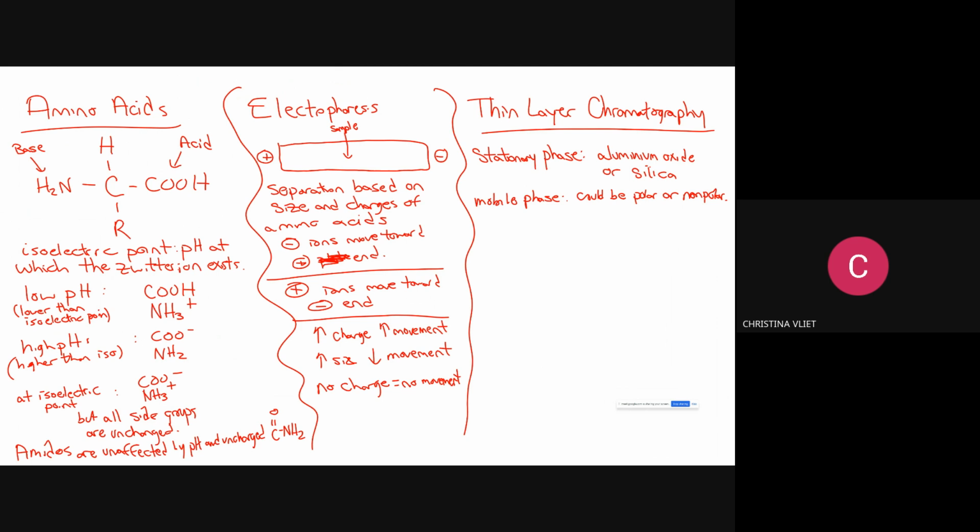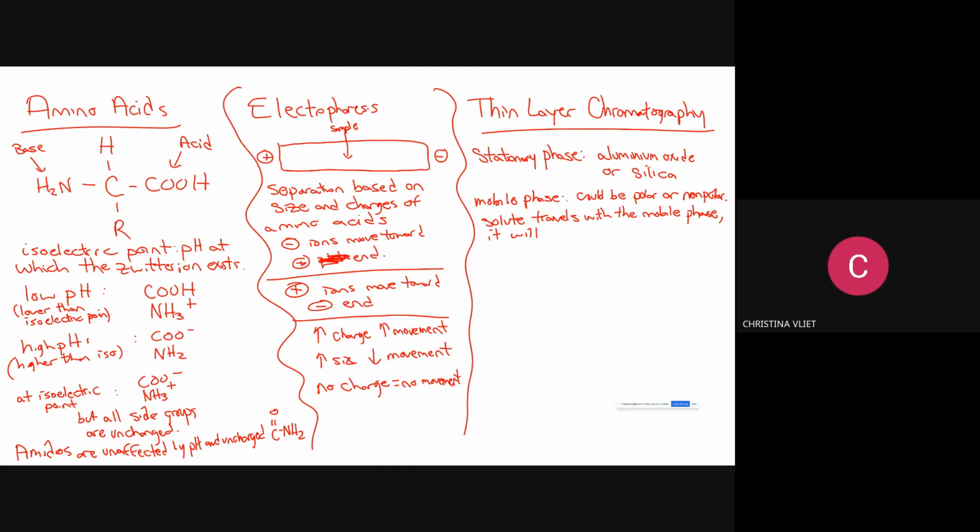Depending on the difference in polarity of your stationary phase and your mobile phase is how much your solute travels. Your solute, whatever you're checking, travels with the mobile phase. It will travel farther if it's more soluble in the mobile phase.